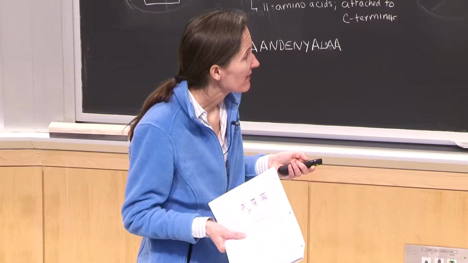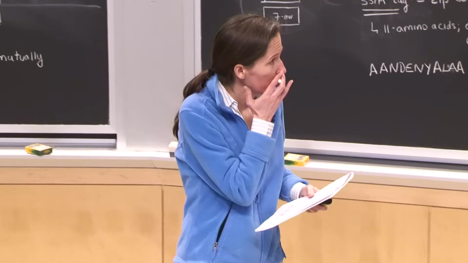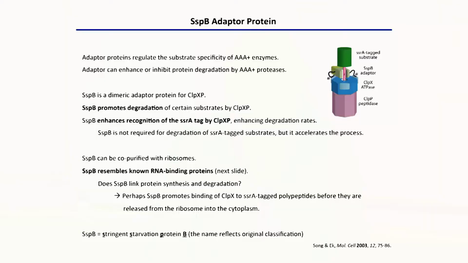So in terms of this adapter protein, I just want to make a note in terms of the adapter. These adapter proteins can help with regulating the substrate specificity of AAA+ ATPases. And effectively, depending on the system and depending on the adapter, it may enhance or it may inhibit degradation here.